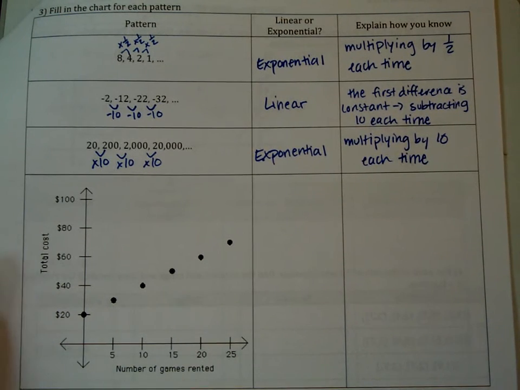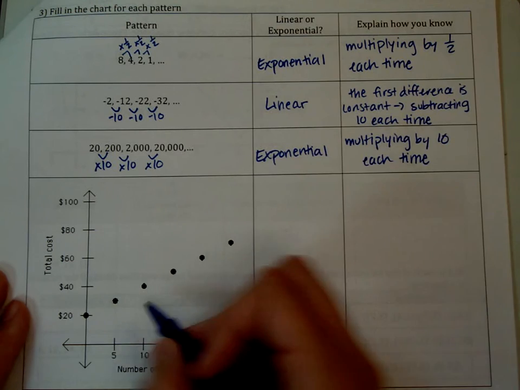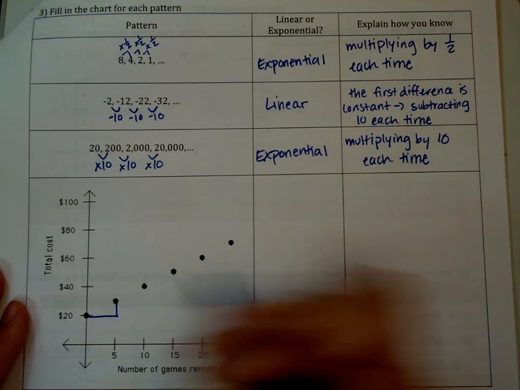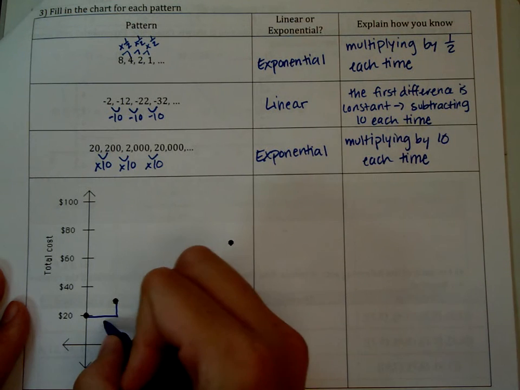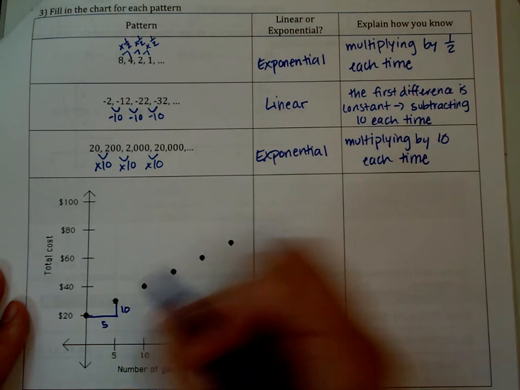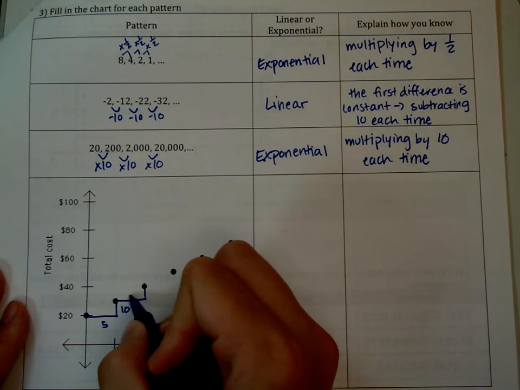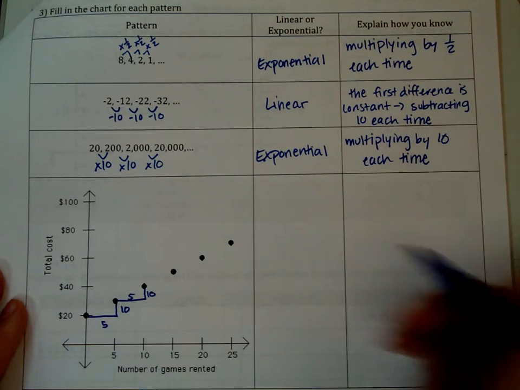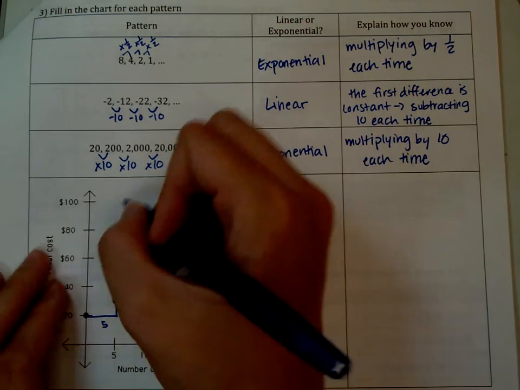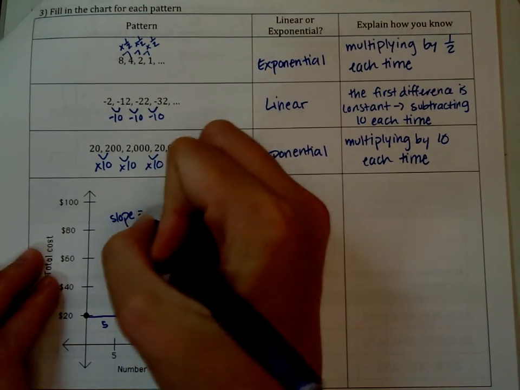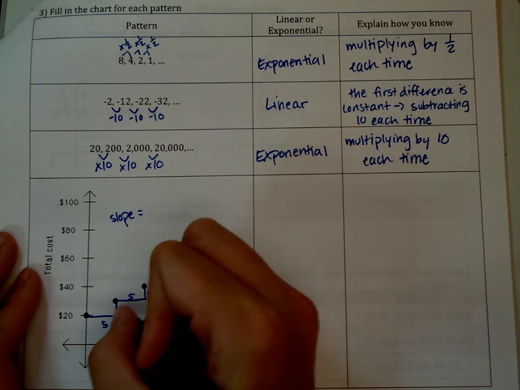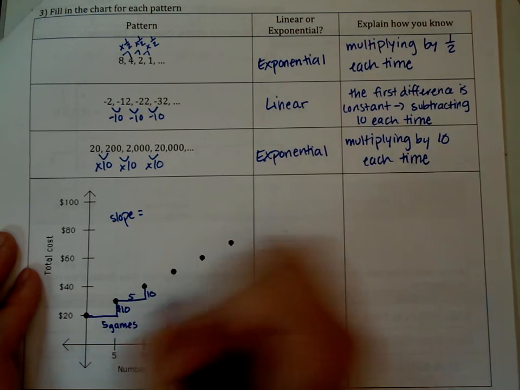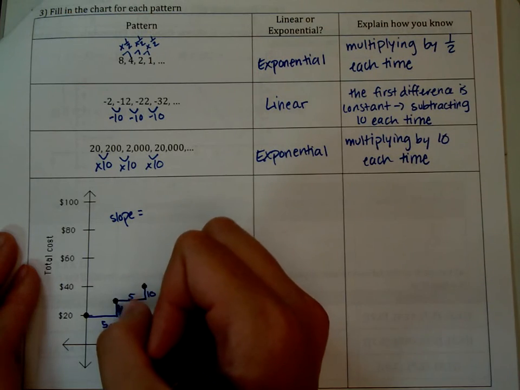So this, let's see, it looks like it's creating a line. So here we go over 5 and up 10, over 5 and up 10. So here the slope is, let's see, we went up $10 and over 5 games. So the slope is the change in y.